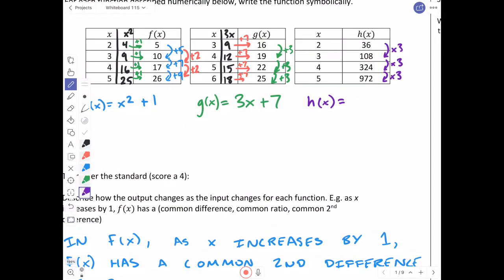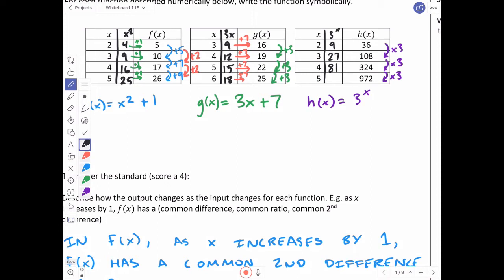So I know that means it must be some form of a function that has 3 to the x. So I'm going to go in here and say, let's make a 3 to the x column. 3 to the x. Well, 3 squared would be 9. 3 to the third would be 27. 3 to the fourth would be 81.